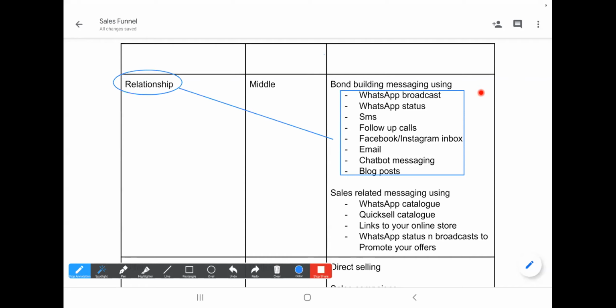We buy based on emotion, then find a logical explanation to give. You cannot control when the customer will be ready to buy. So you need to keep engaging with as many of them as possible, such that when they are ready to buy and they have the finances, you are the first person that comes to their mind.